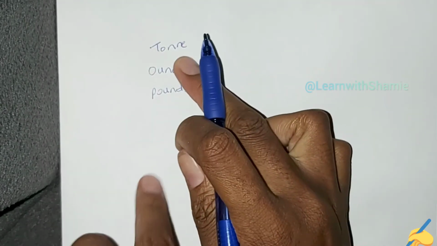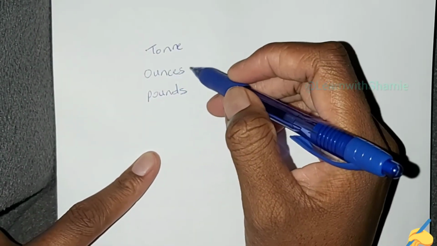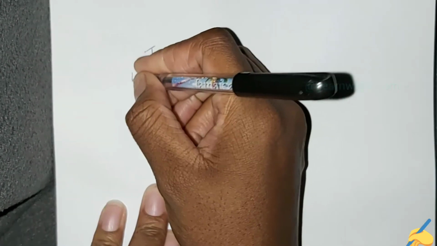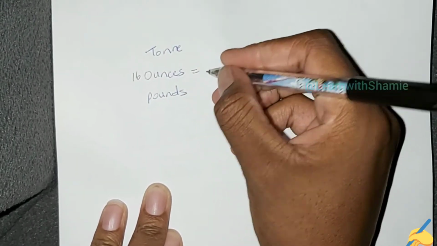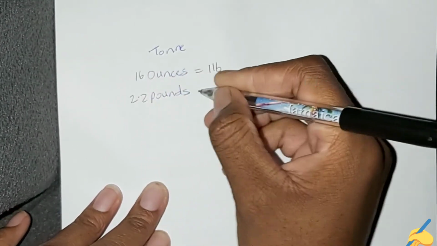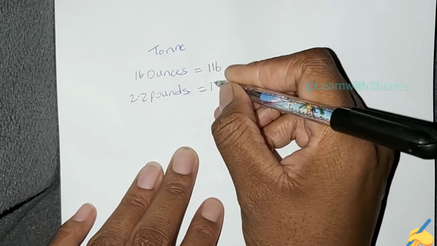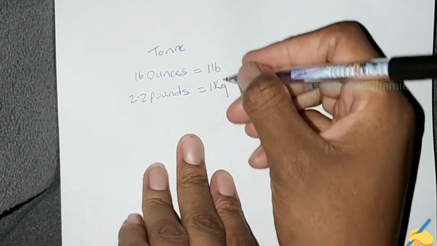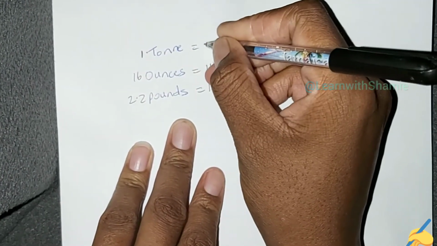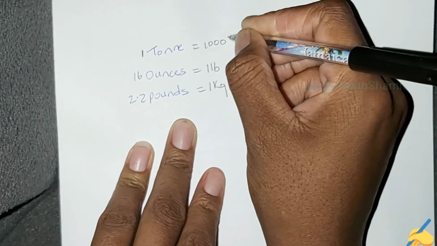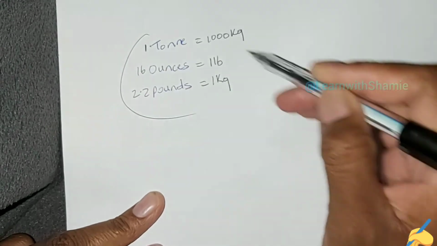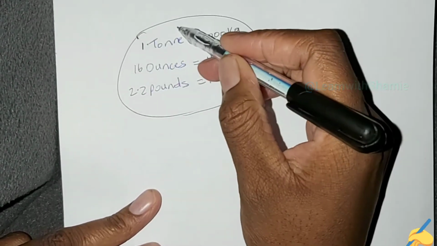So these are used to measure mass, but they are not part of the units on the metric system chart. 16 ounces is equal to 1 pound, and 2.2 pounds is equal to 1 kilogram. Now 1 ton is equal to 1000 kilogram.